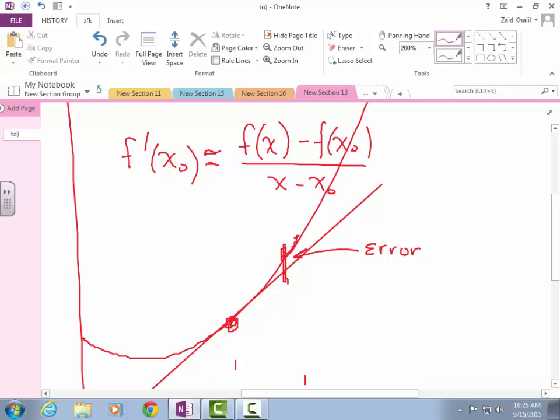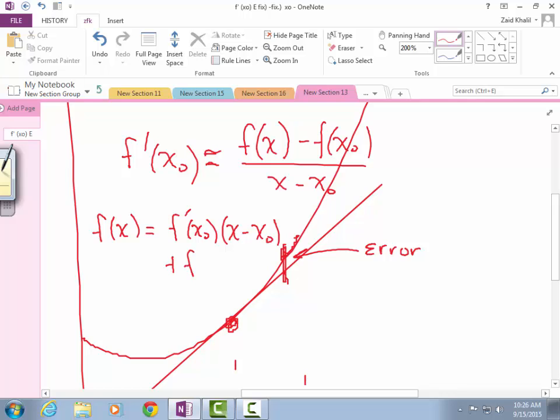So therefore, we can use this to find our approximate f of x. We rearrange, we get f of x is equal to f prime at x0 times x minus x0 plus f of x0.